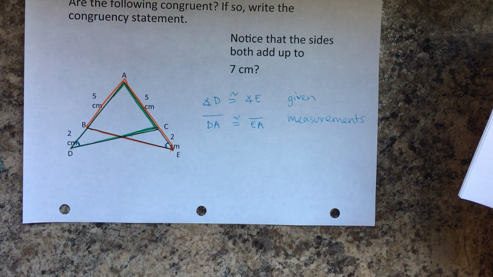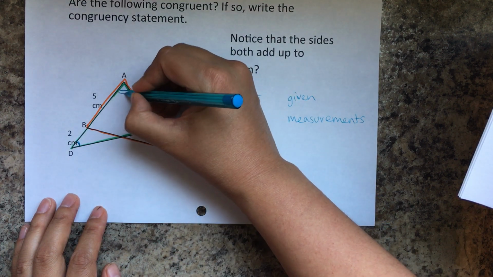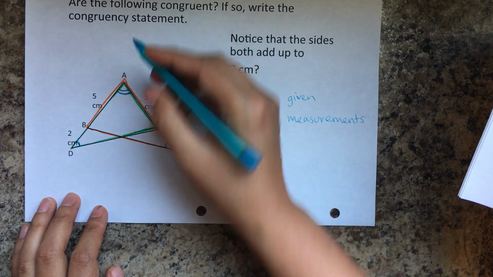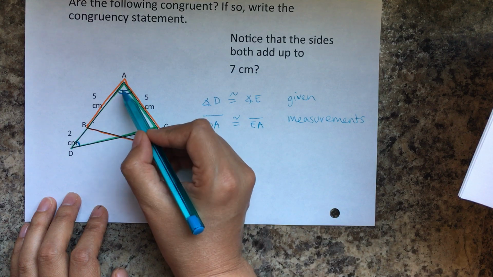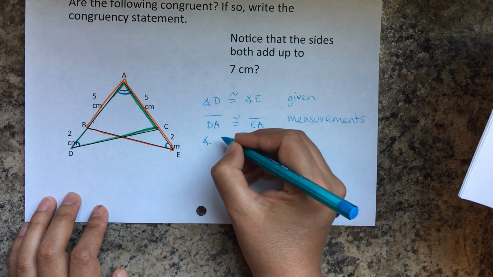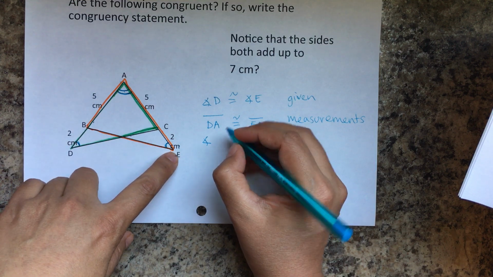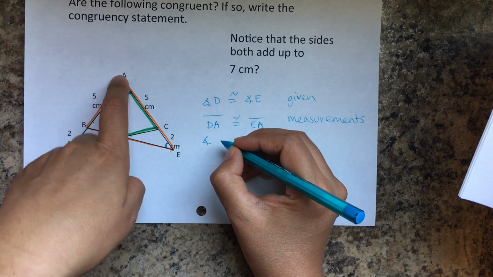So the other part that we have is this angle right here, that both the orange triangle and the green triangle are sharing. So I can say that angle, and notice how I'm gonna name it for the, let's do the green one first, DAC.